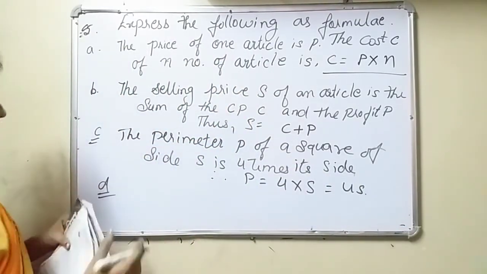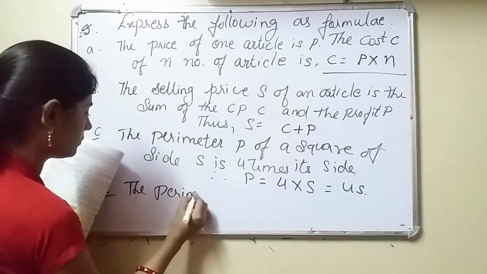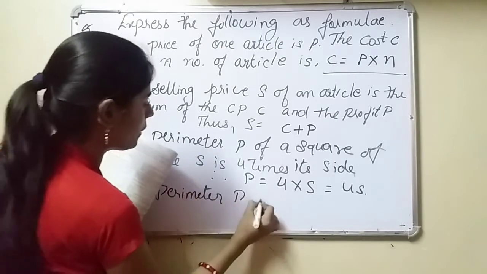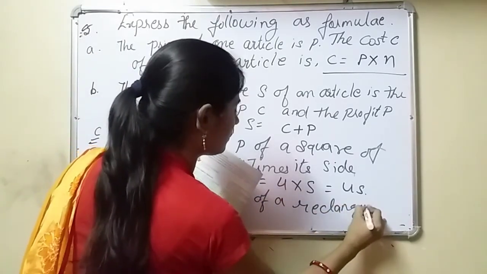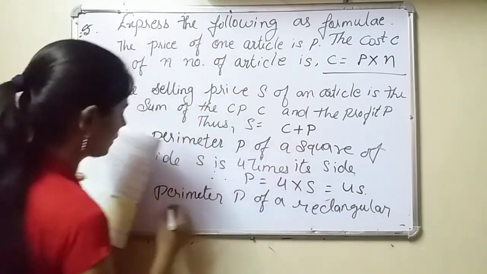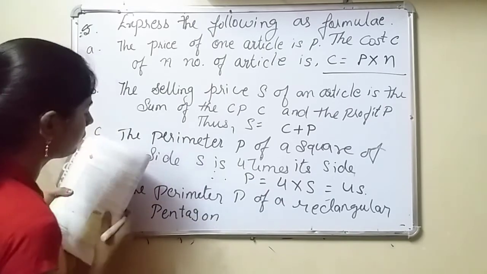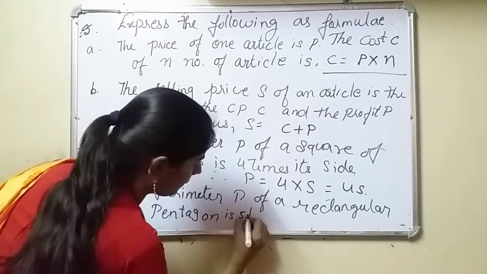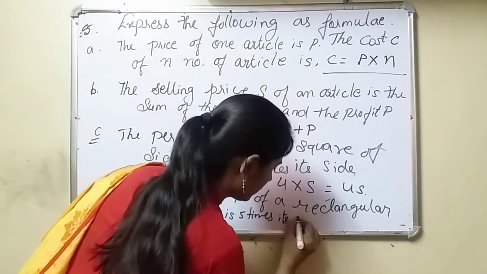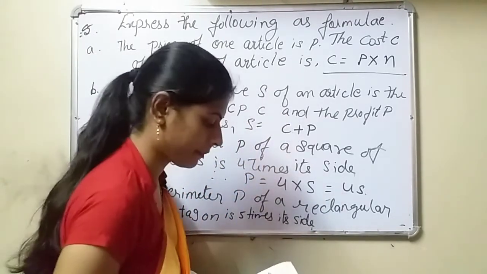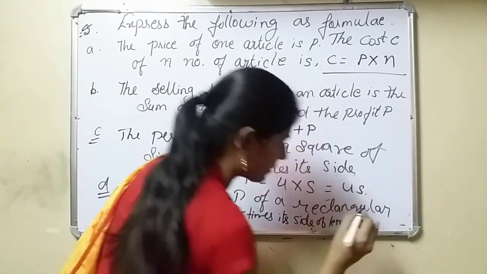Now question number D. The perimeter P of a regular pentagon is 5 times its side of length x.